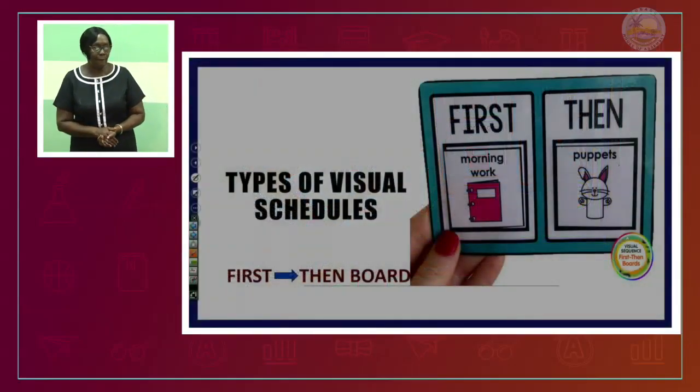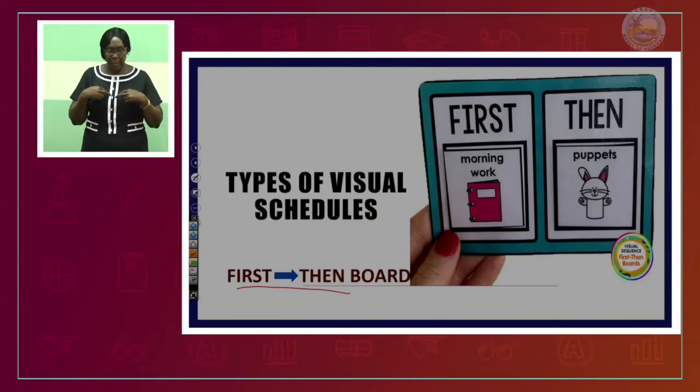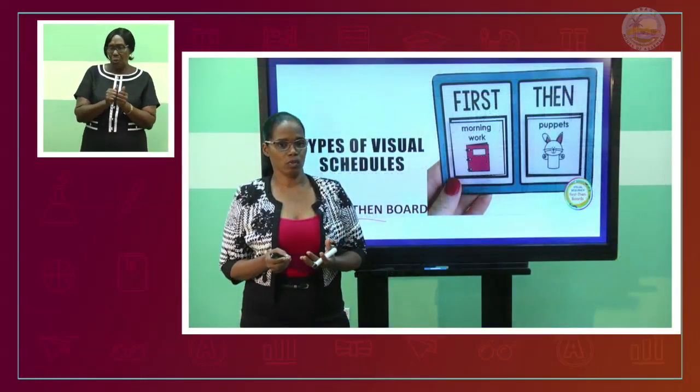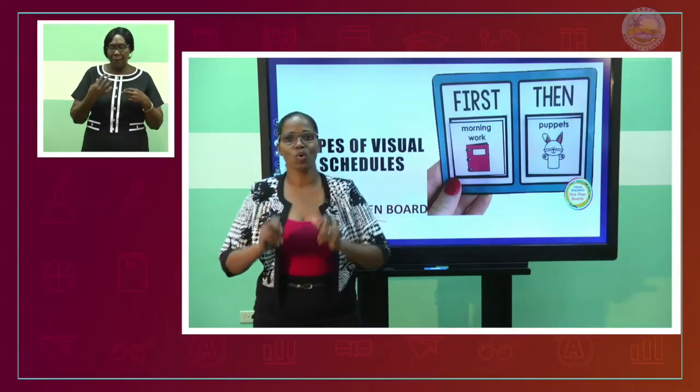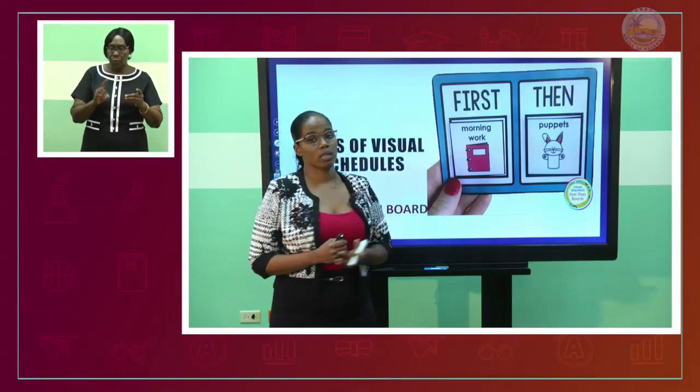We have here the first then board. And this is basically like a mini version of your visual schedule. So normally you would have this maybe in a notebook or just like a little card. And you have first and then. Now you would use this for students with extreme behavior issues. Okay, so you may have something that the child doesn't want to do. So like morning work.